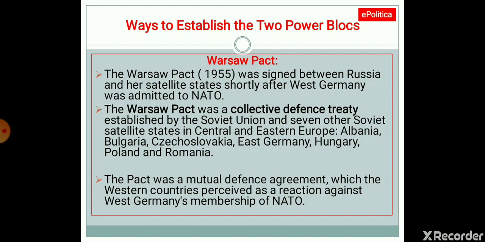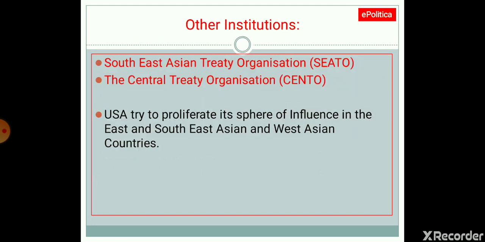As I told you in the beginning of this presentation, not only in Europe were these two power blocs noticed; slowly and steadily, these two power blocs also started proliferating in the regions of Asia. It was noticed that the USA, more particularly, tried to proliferate its sphere of influence in East, Southeast, and West Asian countries.